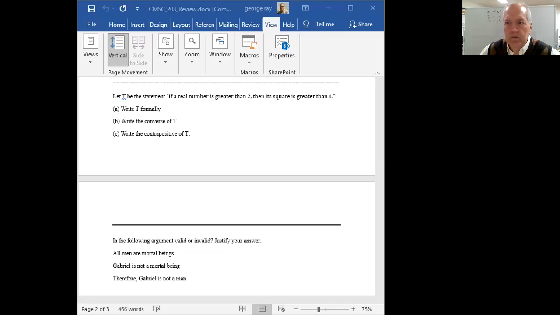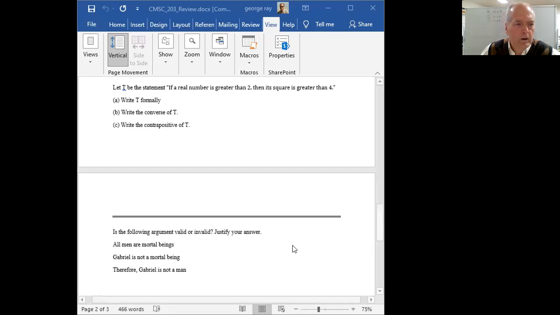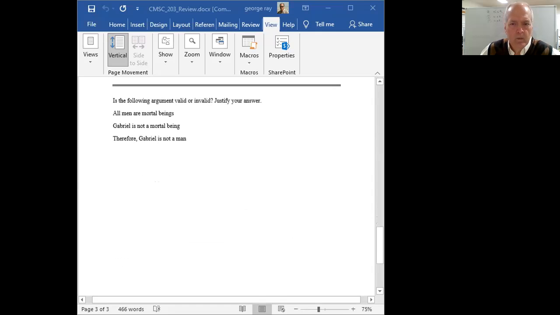And let's finally do question 10, the last one. Is the following argument valid or invalid? So for question 9, this is one of those cases where it's an implicit universal conditional.